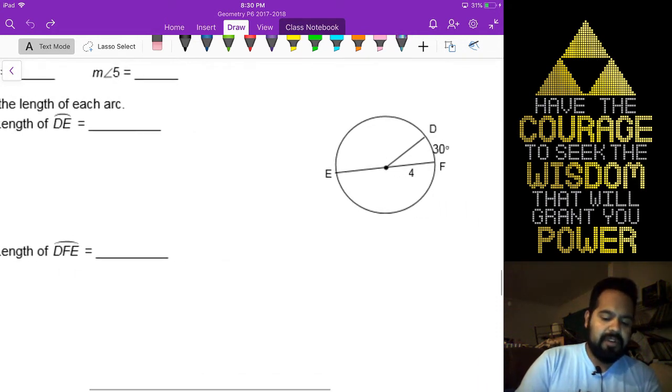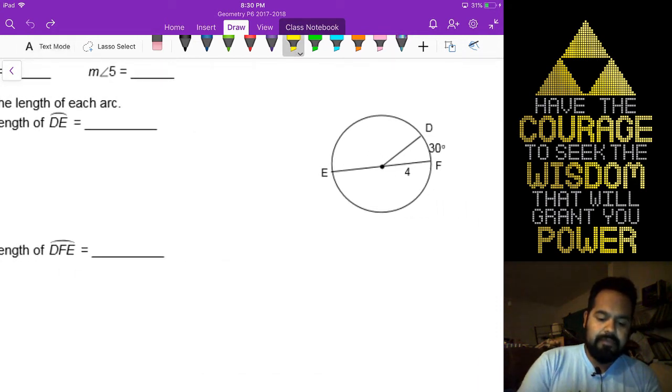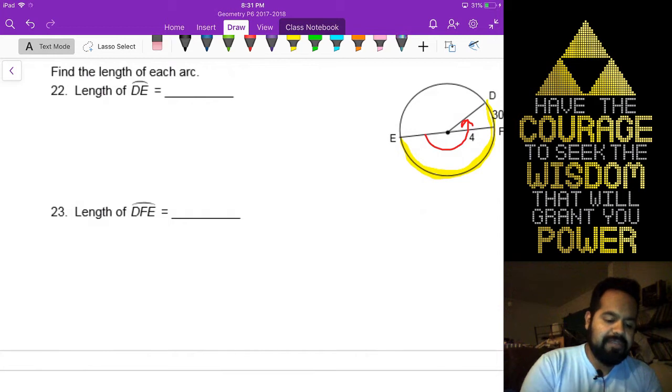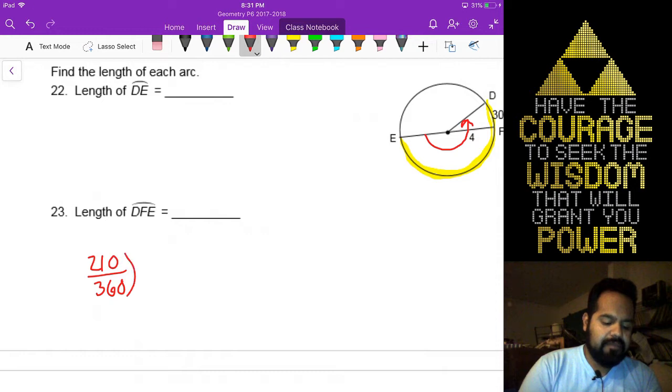What we do for DFE is you're going to find this entire angle measure, which is going to be the 180 here plus the 30. So that's where our little formula comes into play. So 180 plus 30, that's 210. So 210 over 360 times 2 pi r, and our radius in this case is 4.